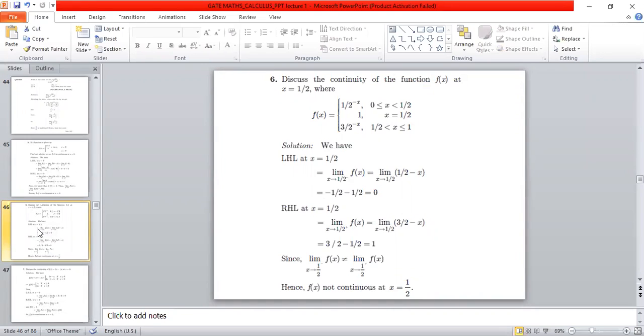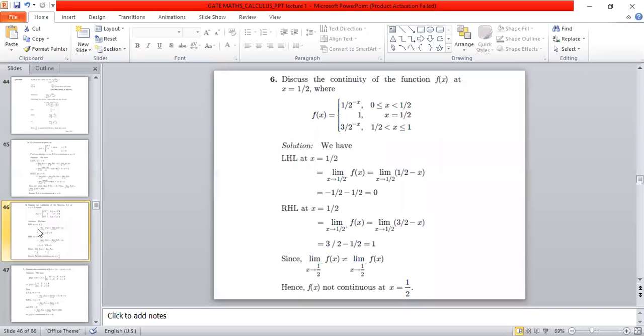Okay, next question. Discuss the continuity of the function f of x at x is 1 by 2. The function is given to you, and you can easily see the function is breaking at 1 by 2. So we have to check its continuity at 1 by 2. Then we have to find its left hand limit, its right hand limit, and limit at 1 by 2.